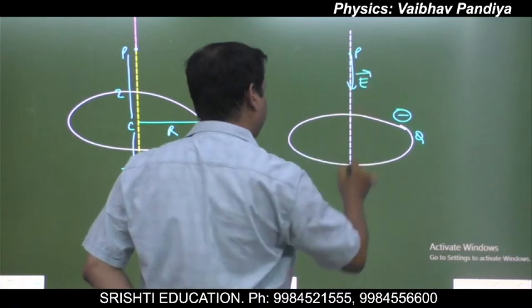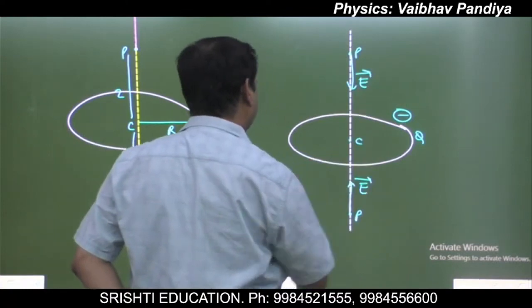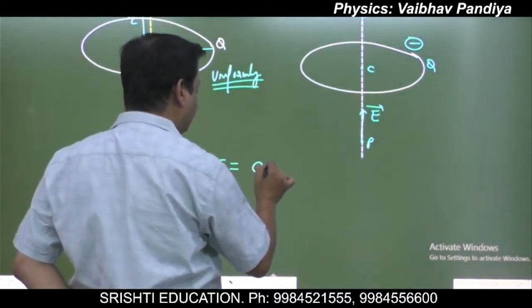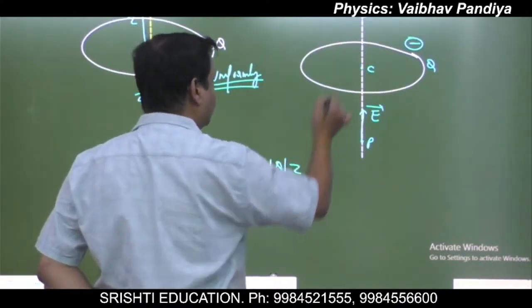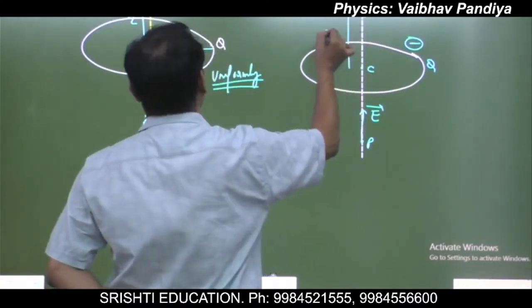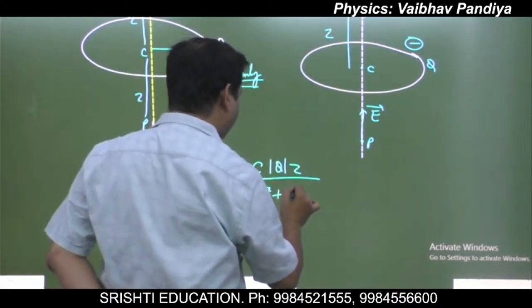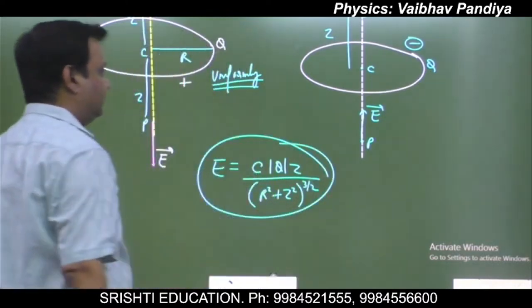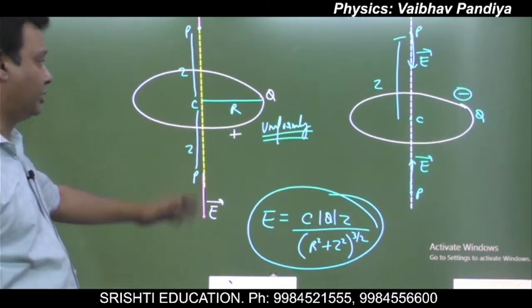So the field will be like this, towards the center. And the field will have a magnitude CQZ, where Z is the distance of the point from the center, by R square plus Z square to the power 3/2, like this. Okay. So this is the end point, the fingertip point.